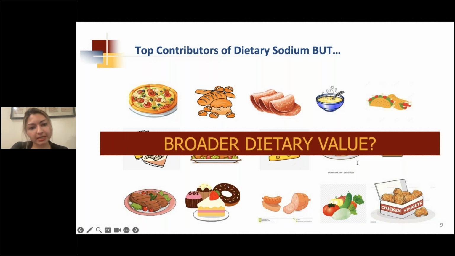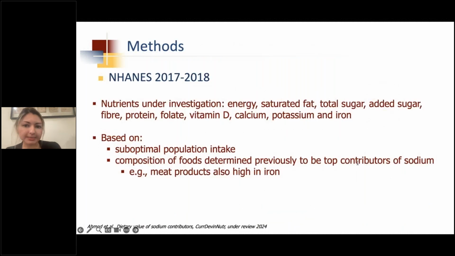In order to do this, we continued with our analysis, and the nutrients chosen for this analysis were those for which there is known suboptimal population intake or intakes that exceeded perhaps recommended level, as well as those of interest based on the usual composition of foods determined previously to be the top contributors of sodium.